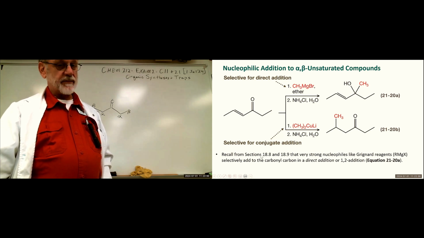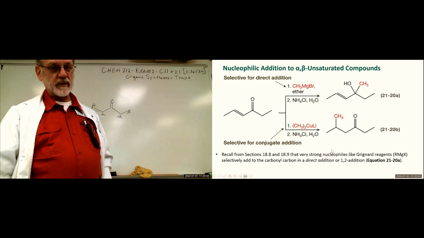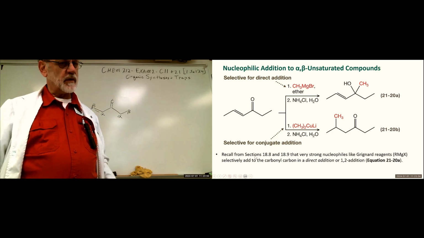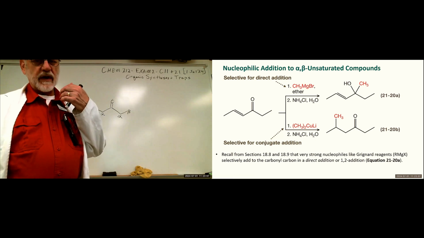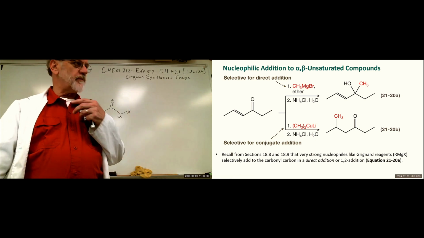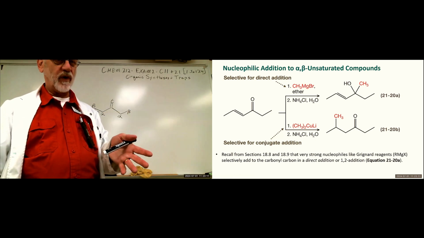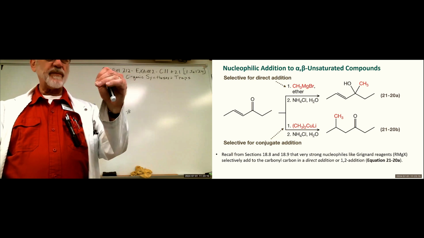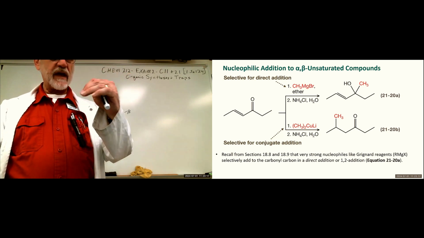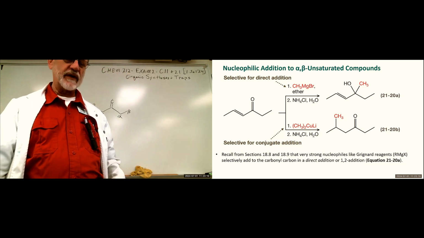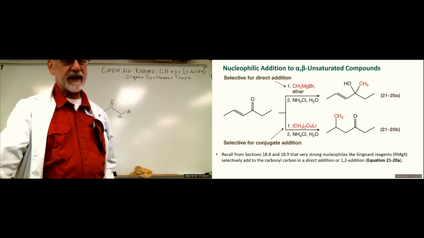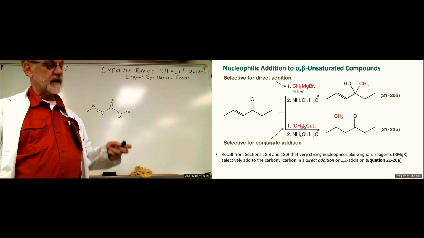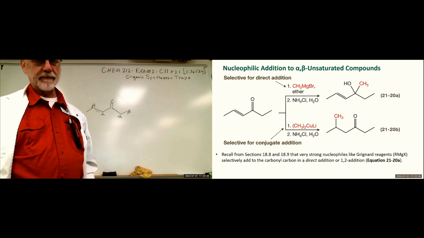We skipped over chapter 18 where it would have talked about this difference. So you have no way of knowing. You've not been introduced to this idea before. It's just an illustration of the difference between one type of organometallic versus the other type of organometallic. And we don't have a mechanism to prove it because we never went through chapter 18.